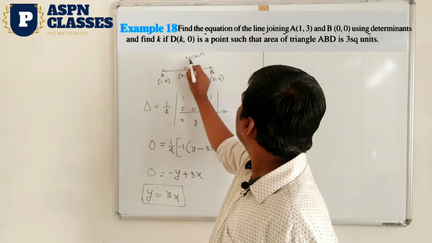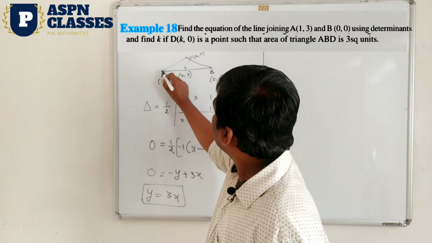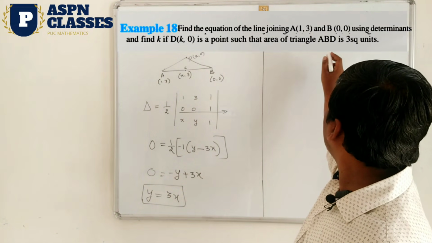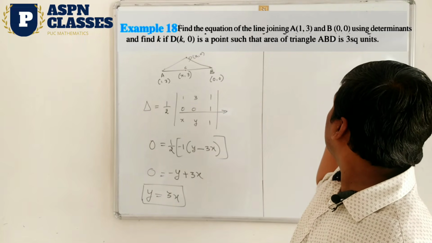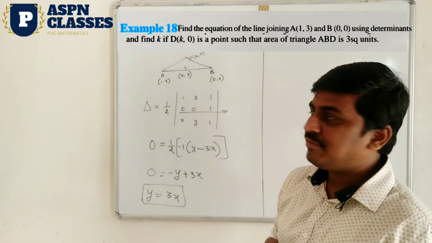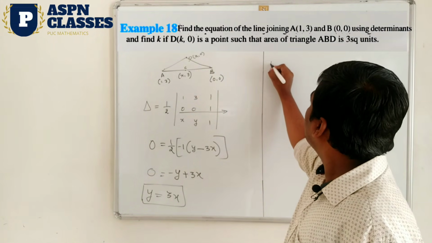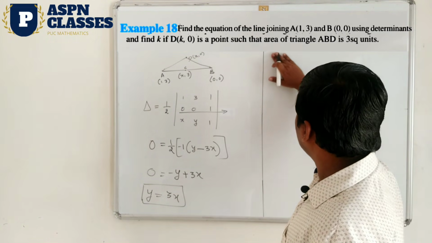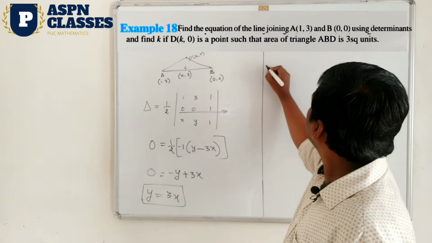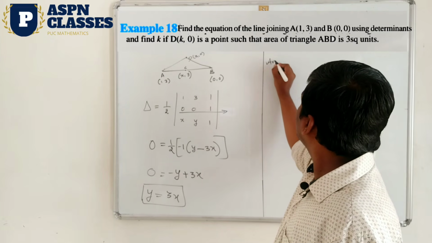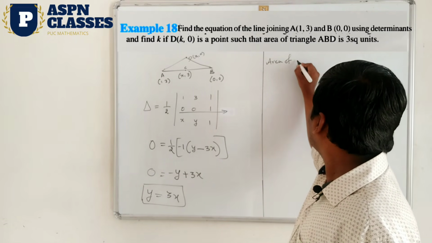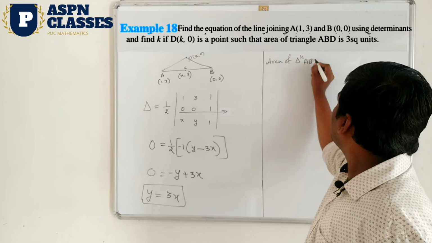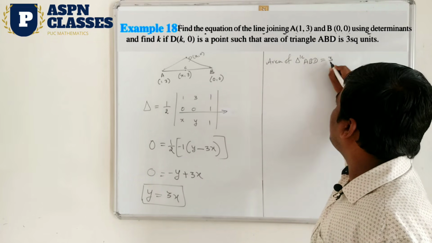So with D (k, 0), now you have this triangle. The area of triangle ABD is 3 square units, already given.